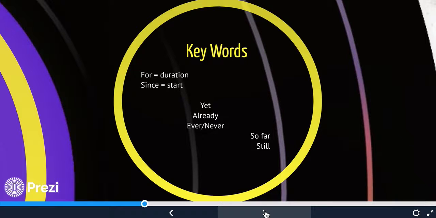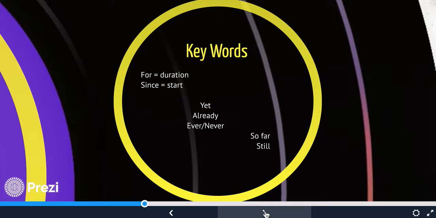That gives a duration of time. Since shows start. I have studied since 9 o'clock. I have lived here since 2016 is probably a better example, but since shows the start.